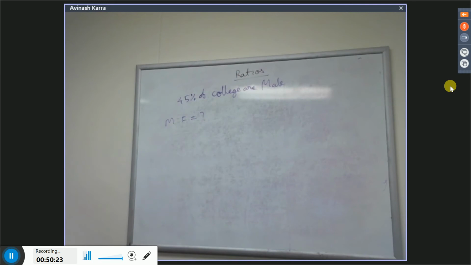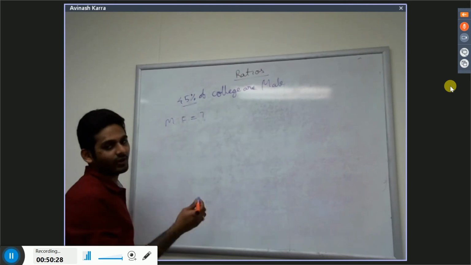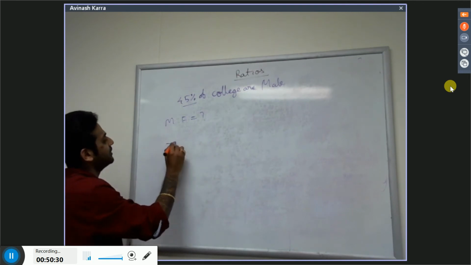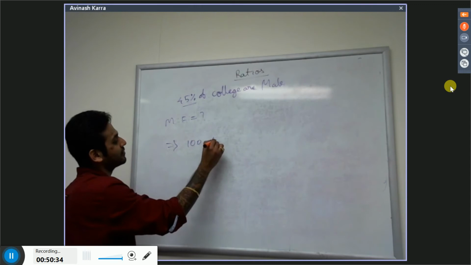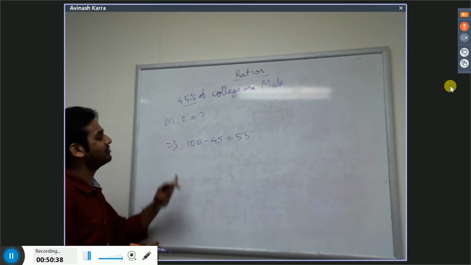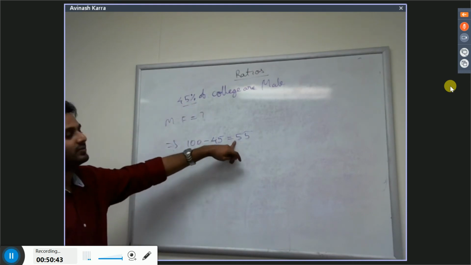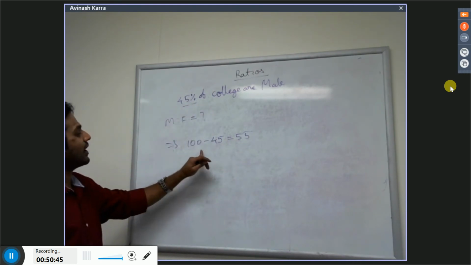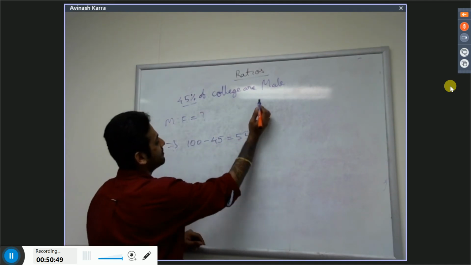How to find that? See, if 45% in the college are male, it means that if there are 100 students, 45 students are male. So the rest are female, right? So 100 minus 45 is equal to 55.